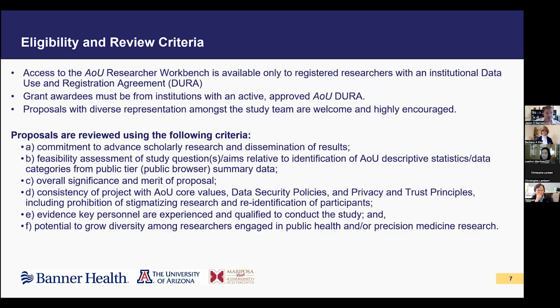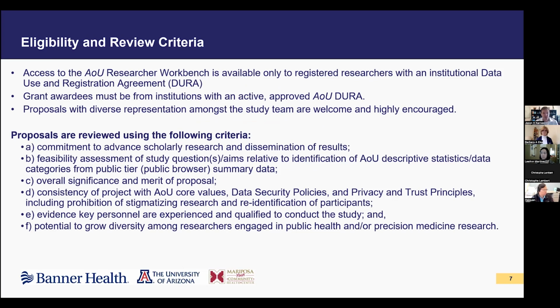So if we go through the eligibility, I've reviewed most of this up to this point. Again, your institution needs to have an active DURA. That's a prerequisite for All of Us access. We definitely want to encourage individuals from diverse backgrounds, including those underrepresented in biomedical research, to submit to this RFA.